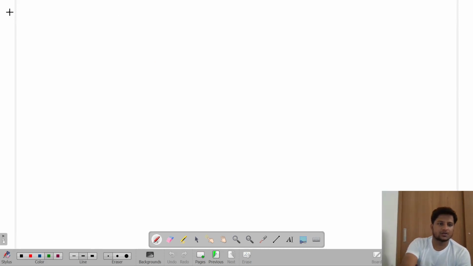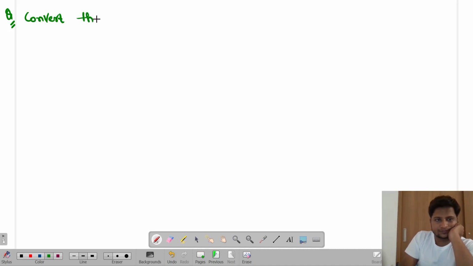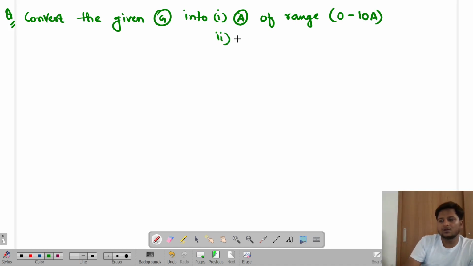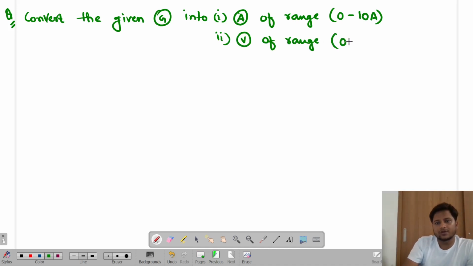So let us do one question based on that. Try it. It says: convert the given galvanometer into first an ammeter of range 0 to 10 amperes, second a voltmeter of range 0 to 10 volts.